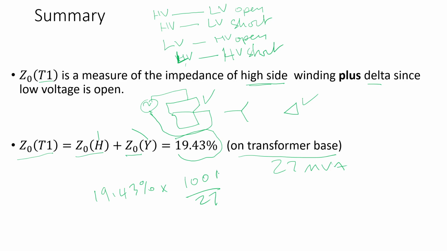So MVA of the new base divided by the MVA of the old base. That should give you the value on 100 MVA base.